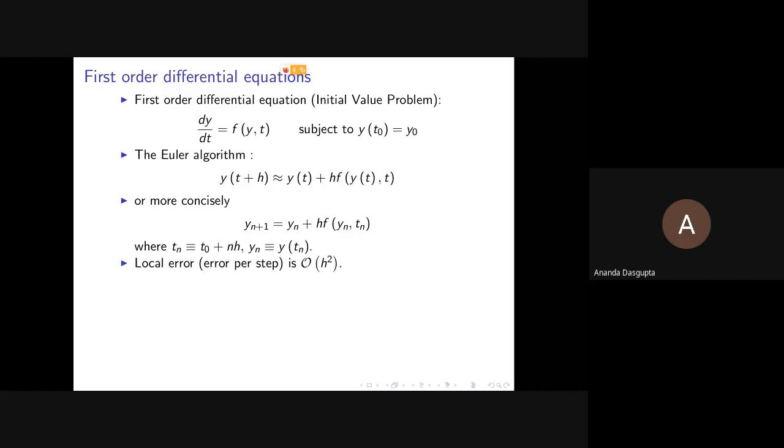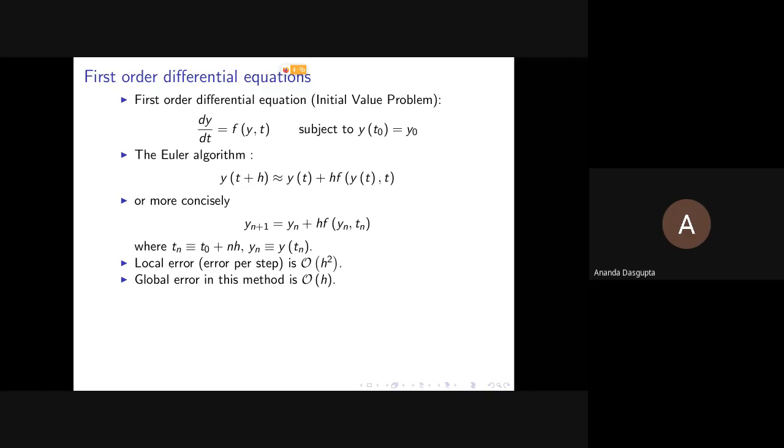So the number of time steps will be actually inversely proportional to h, which means that the global error, that is the error which you incur when you go from t0 to your final time t1, is actually going to be of order h, because it's order h square per step times the number of steps, and the number of steps is proportional to 1 by h.